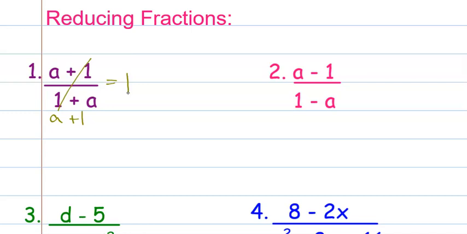Just so I'll show you why. If I wanted to take this and match it with the top, what I'd have to do is take out a negative 1, and what's left is negative 1 plus a. So you can see if I distribute that, I would get 1 minus a.